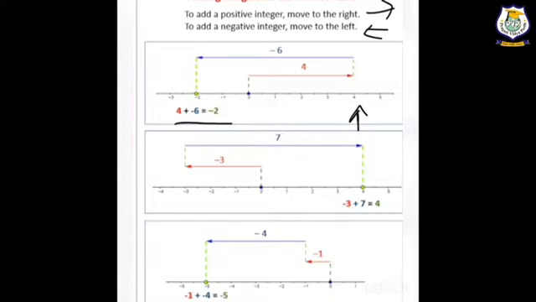The second number is -6, it means we will have to take 6 steps backward. So we will move 1, 2, 3, 4, 5 and 6. Now where are we? On -2, right? We are on -2, it means our answer is -2.